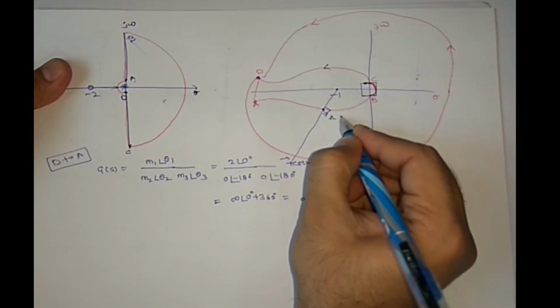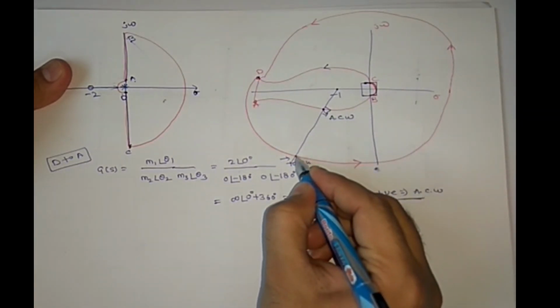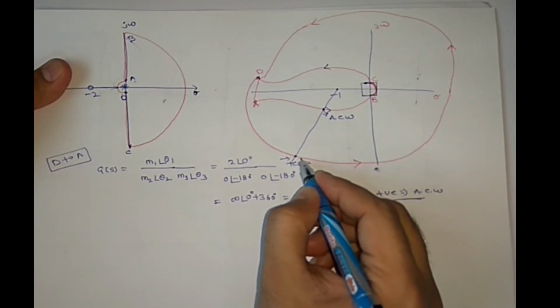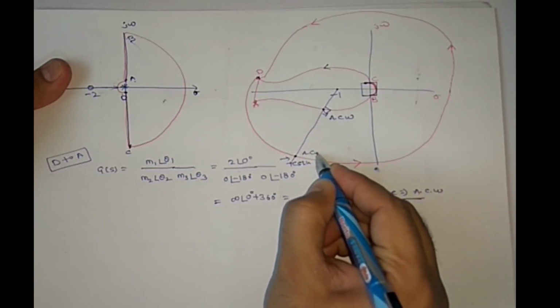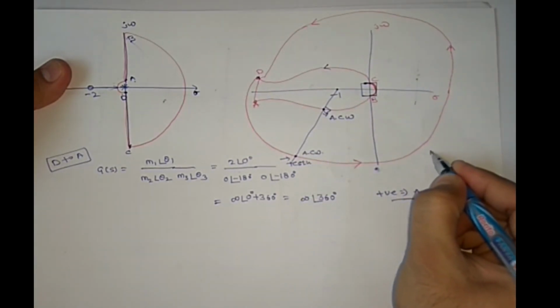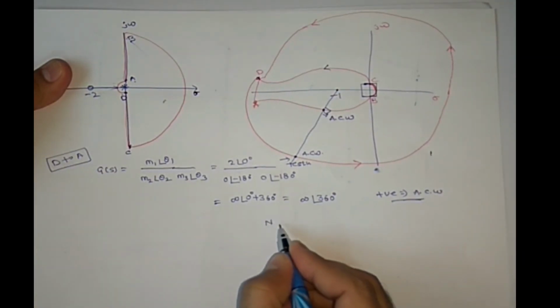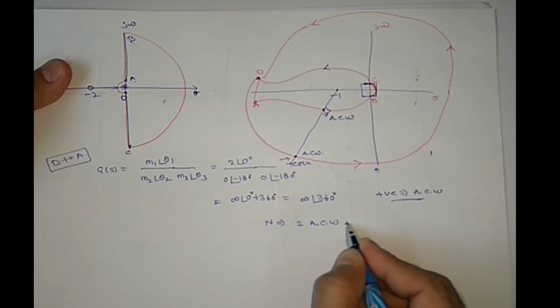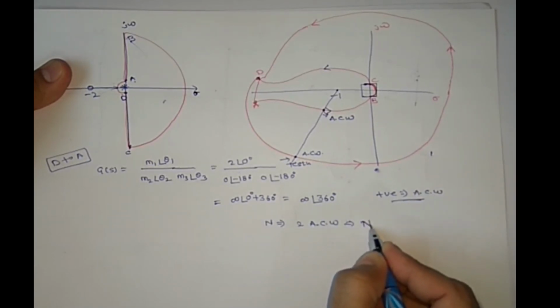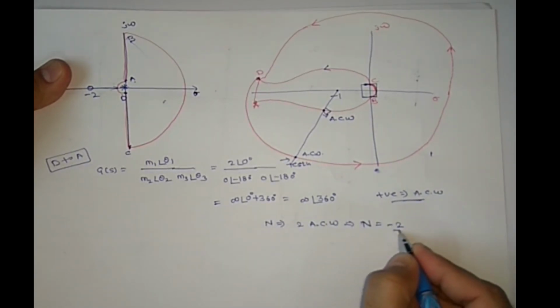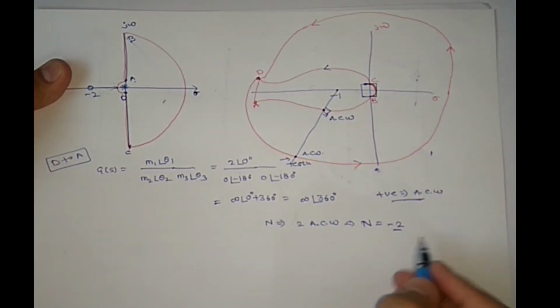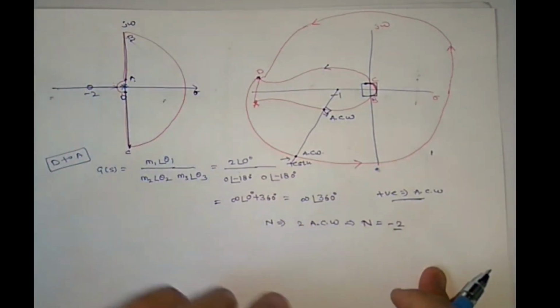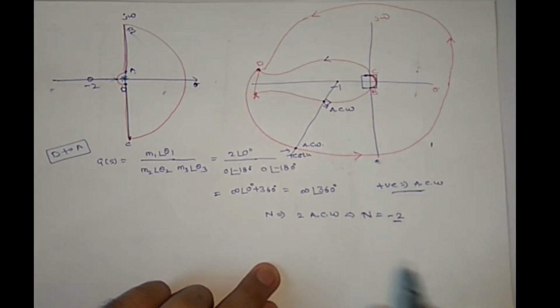This is an anti-clockwise rotation. And one more line is touching. Here also anti-clockwise rotation. Then N equal to how much? N will have 2 anti-clockwise rotations. Then N equal to -2. If it is clockwise rotation, +2. Here we have an anti-clockwise rotation, right? So N equal to -2.